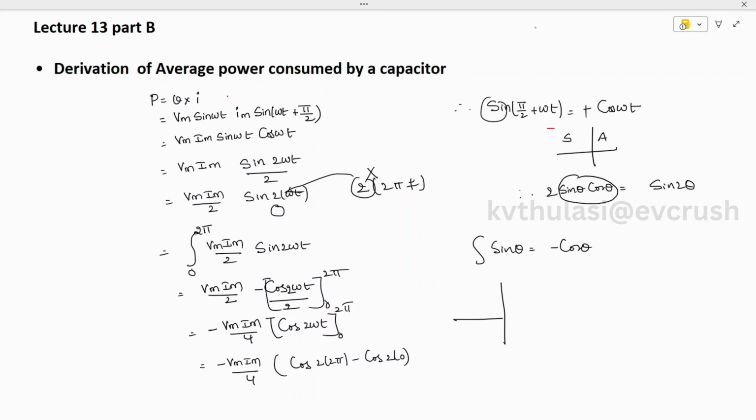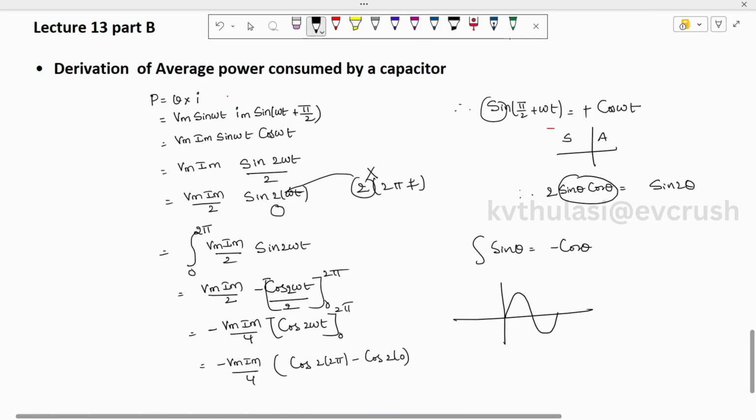So when you draw the sinusoidal waveform, this is a sinusoidal waveform, and this is the cos waveform. It starts with 0, it comes here, it goes here and it is 0. Okay, so now what is the cos 2 pi value? Cos 2 pi value is 1, and cos 0 is also 1. So 1 minus 1, both get cancelled out.